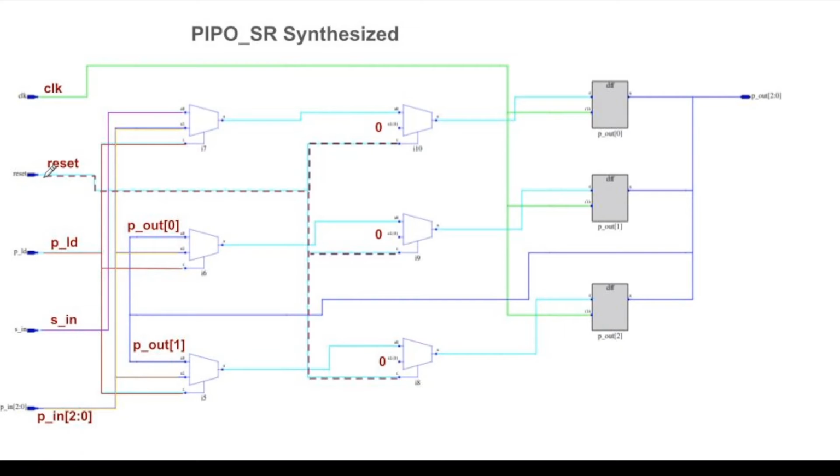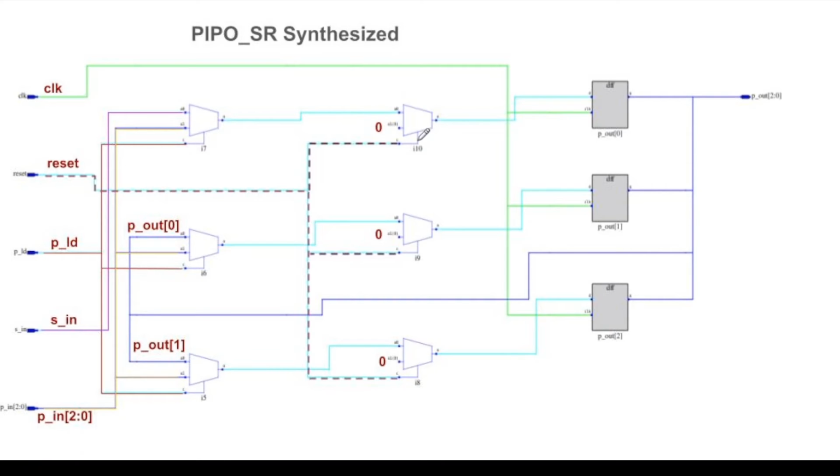So let's start to get an idea how this works. Trace the reset signal, and notice that it's becoming the control signal of the rightmost 3 muxes. And also notice that this mux is driving the data input for this flip-flop, this one for this flip-flop, and this one for this flip-flop. So whatever the rightmost muxes are outputting is what's going to get stored on the rising edge of the clock.